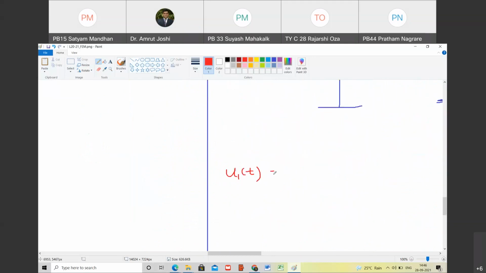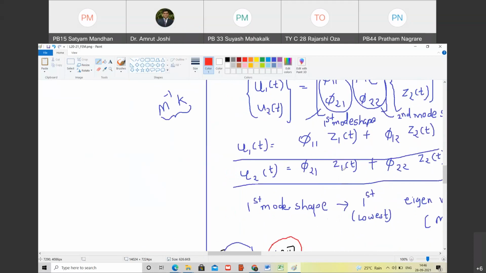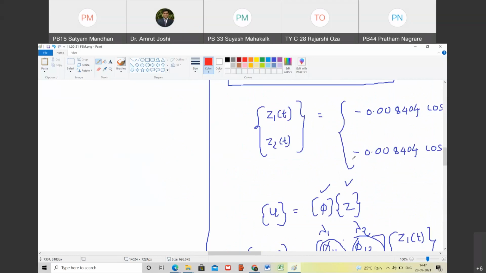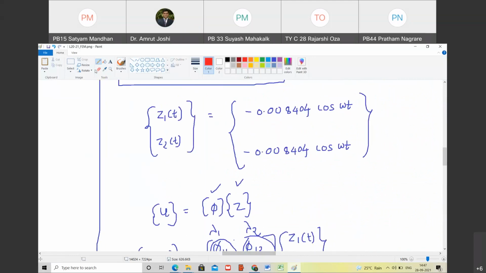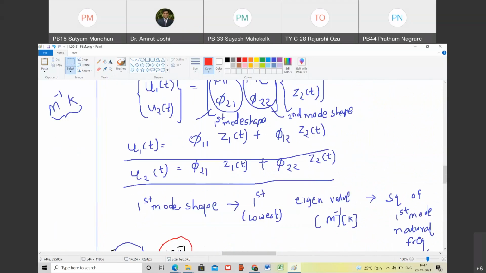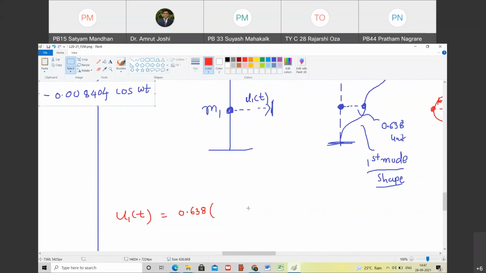So I will write it as 0.638 multiplied by, क्या लिखूं? Z1 of t. But what is Z1 of t? Z1 of t is this. Agreed? Yes, sir. So that I am going to write down here.